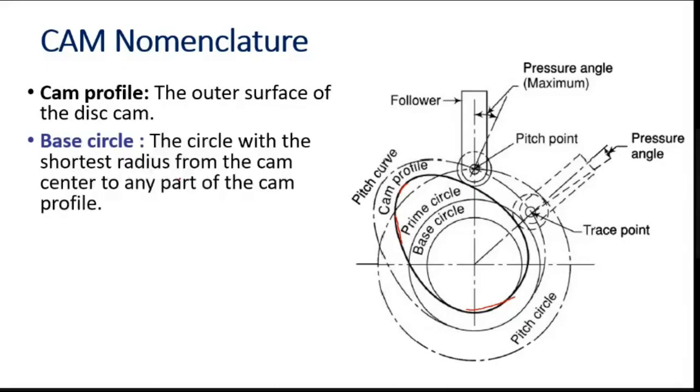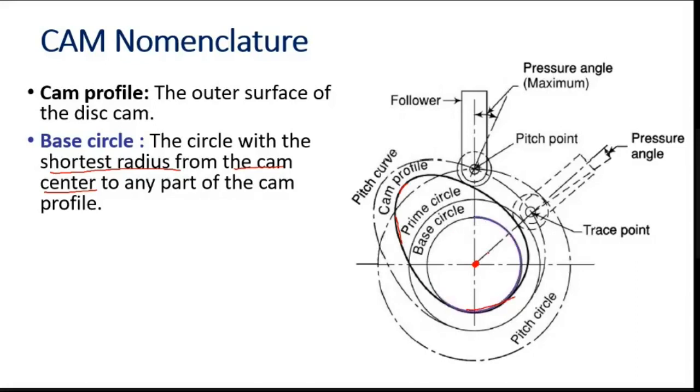Next, the base circle. The circle with the shortest radius from the cam center is called the base circle. This is the center point of the cam, where we are going to fix it. From this, I identify the full circular radius, and that we call the base circle.